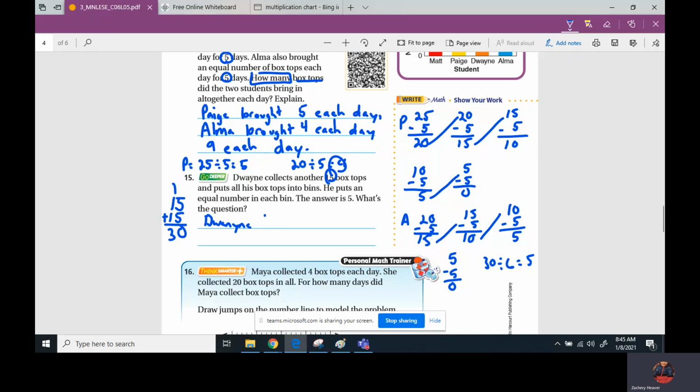So Dwayne has 30 box tops, and he puts them into 6 stacks. Let's leave it at that. Dwayne has 30 box tops and puts them into 6 stacks. I want to see 30 and then I want to see 6.